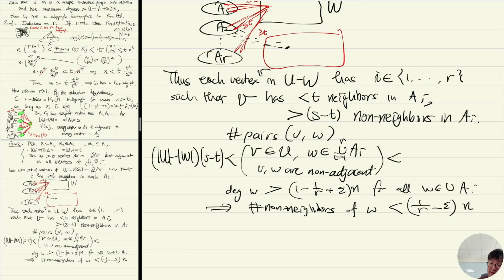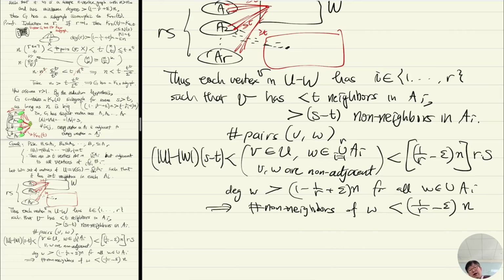So definitely it's less than that. And so for every vertex we are adding this, (1/R minus epsilon) n, and then the number of vertices that we are counting for w is R times S, right? That's R times S vertices here.